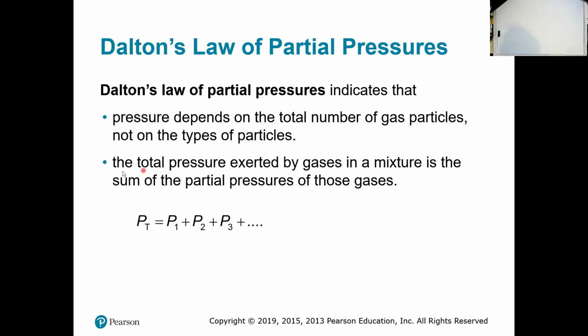To figure out the total pressure exerted by a mixture of gases, you add together all of the partial pressures that are present. PT stands for pressure total, so this is going to be your total pressure, and then each of the individual pressures will be given its own little notation.